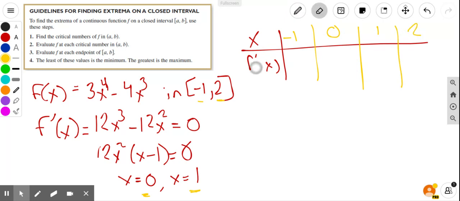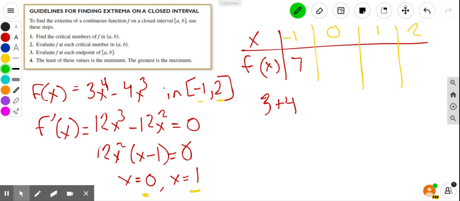And actually, I misspoke. I don't need to plug this into the derivative. I need to plug it into the original function because, again, I'm trying to figure out the highest and lowest points in the function. So that's why I'm going to go with the original here. All right, so if I plug in a negative 1 in for x, I'll get 3 plus 4, which gets me a 7.